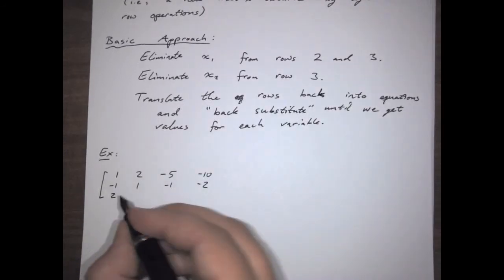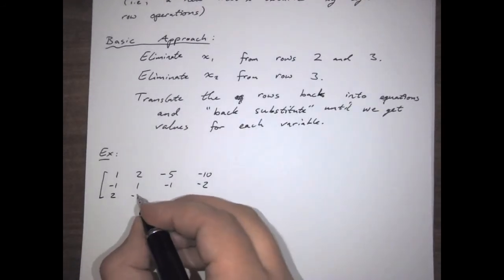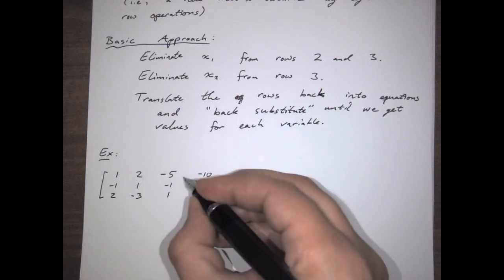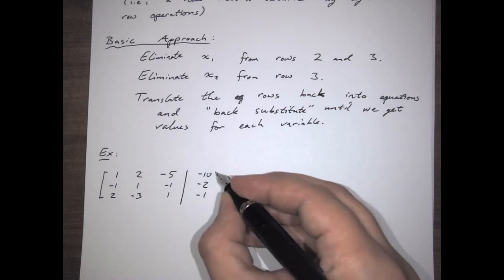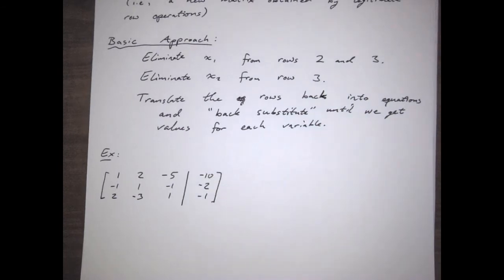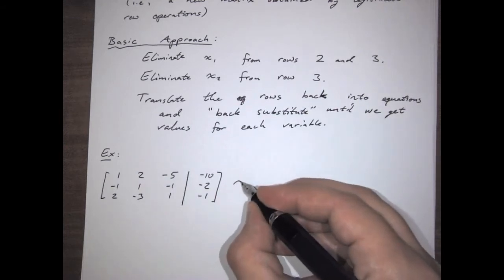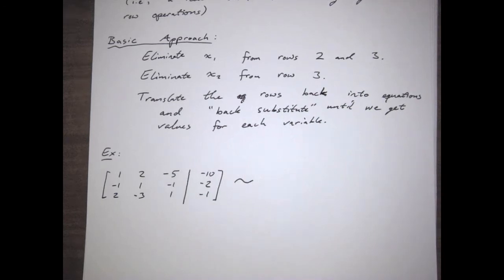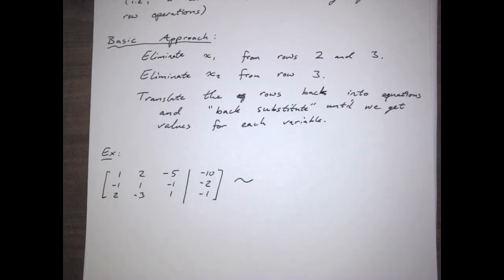We had 2, -3, 1, -1. This was the piece that was augmented by the constant terms. These were just the straight up coefficients. And now we'll do the tilde, which means row equivalent, which means what we're about to do is get a new matrix that we produced by doing legitimate row operations to this old one.